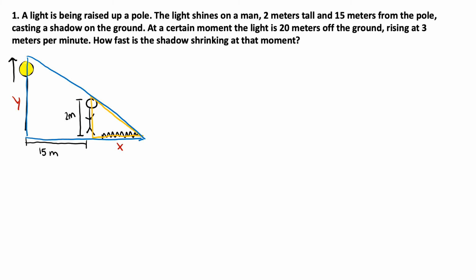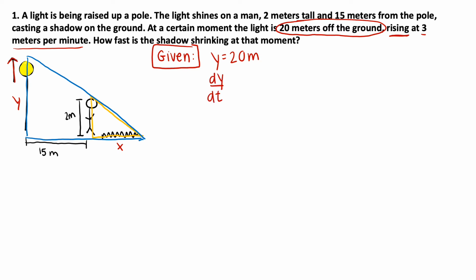So I'm just going to go ahead and list what is actually given to me in the problem. So they're telling me at a certain moment the light is 20 meters off the ground. So that's going to be the height of my light right now is labeled as y. So they're telling me y is 20 meters, and it's rising at 3 meters per minute. So that means this change in y, or dy/dt, is equal to 3 meters per minute.